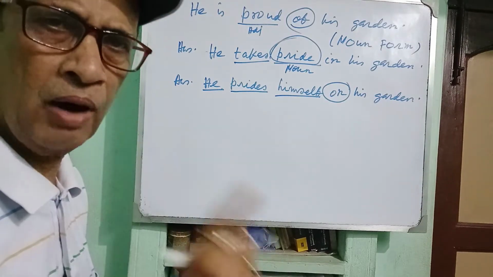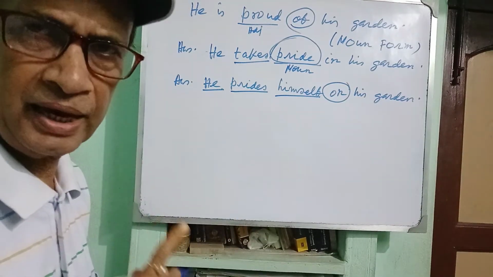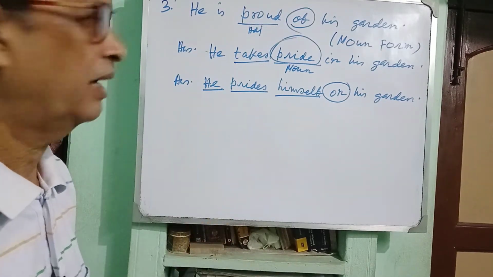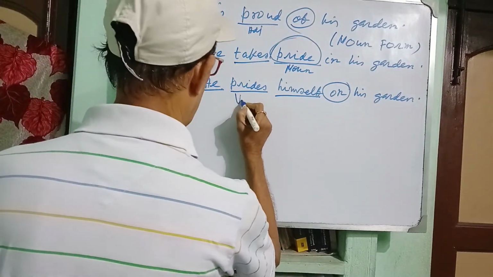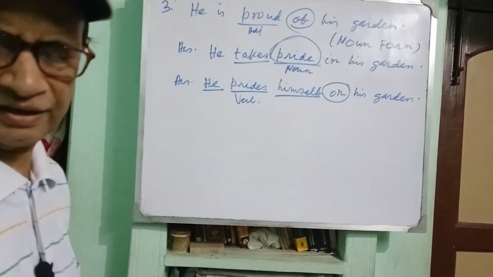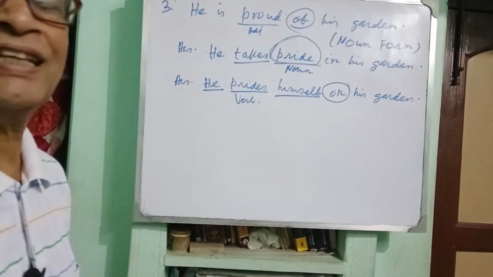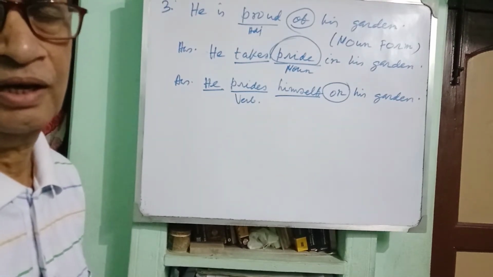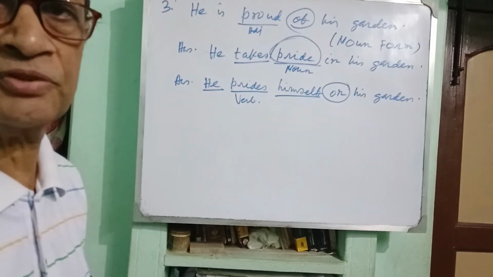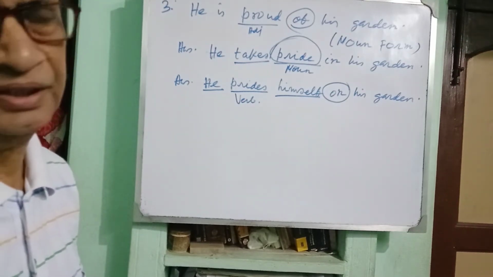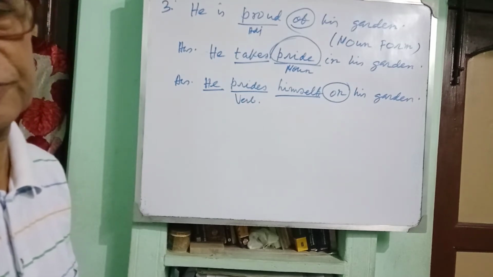Again I am repeating, pride oneself on. It is the verb form. Clear? So all these are very useful for all the competitive exams, CBSE, ICSE, ISC and Madhyamik exams.